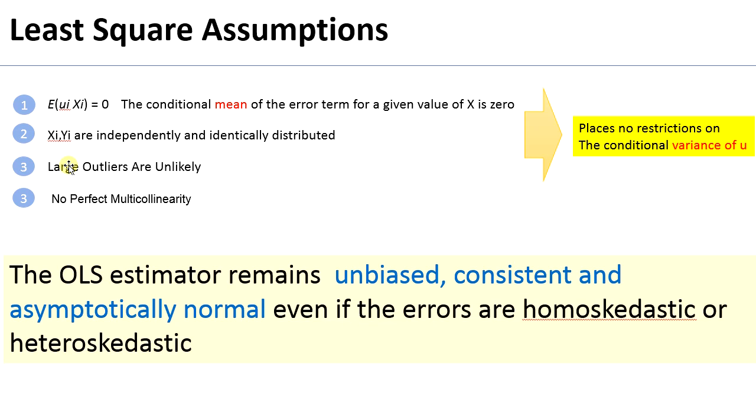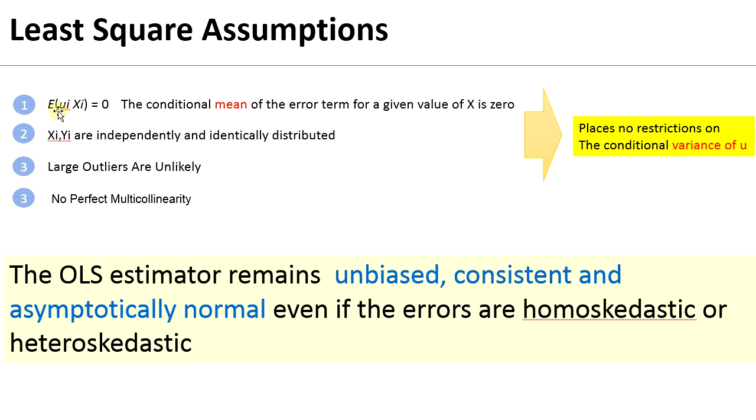Mainly this is because the first least square assumption talks about the conditional mean of the error term for a given value of x being 0. In other words, it's dealing with the mean of the error term, not the variance. Remember, homoskedasticity and heteroskedasticity deal with the variance of the error term.